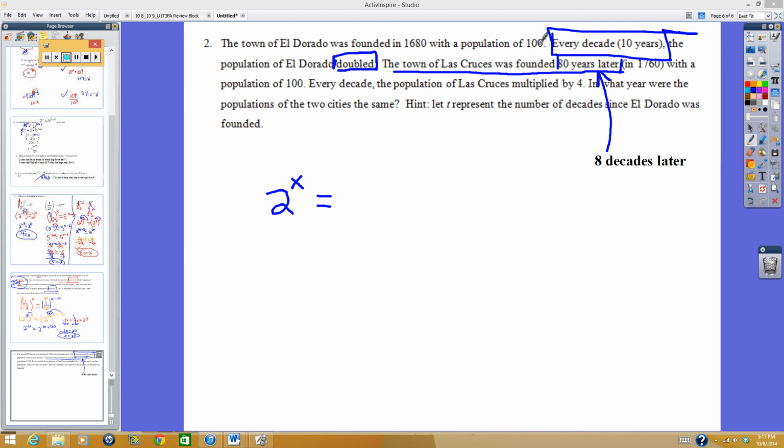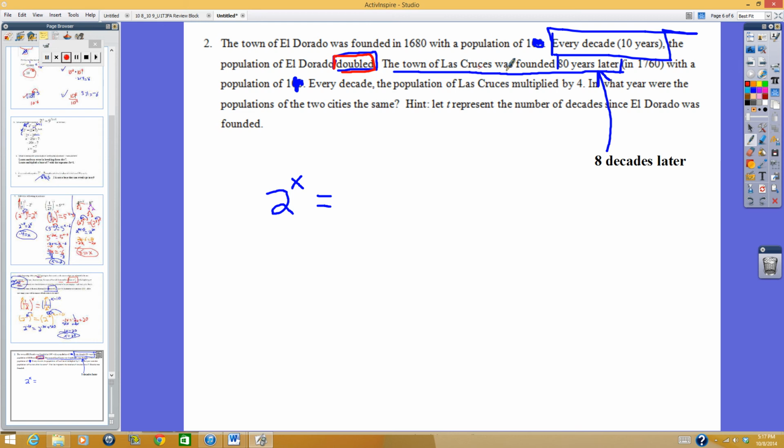Okay, anyways, first off, these populations of 100, I want to take that away because that's not what we worked with. We have always started with 1. So I'm going to do that for both towns. Okay? Anyway, so El Dorado was doubling, so that's 2 to the x power, right?